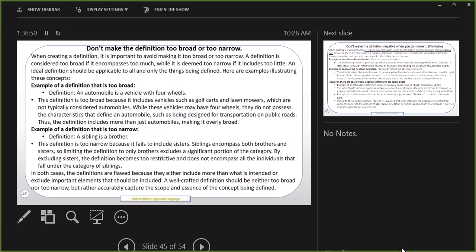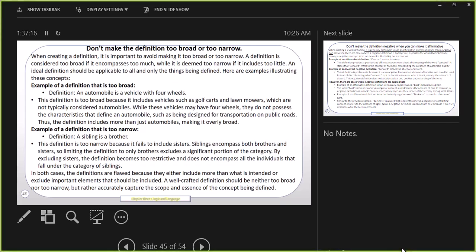To get rid of that confusion, all your attention must be on the definiens. Most students tend to confuse broad definitions with narrow definitions. To identify whether a particular definition is too broad or too narrow, all your attention must be on the definiens. Look at the word and the definition.